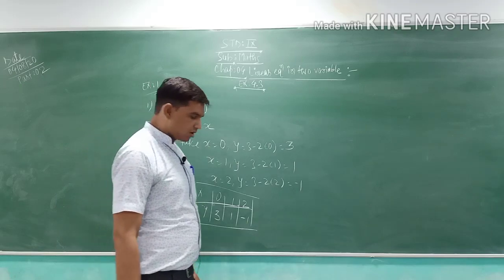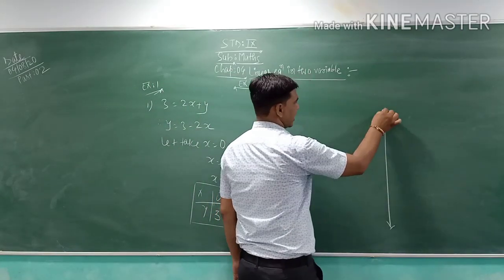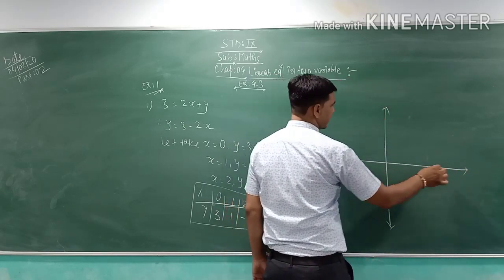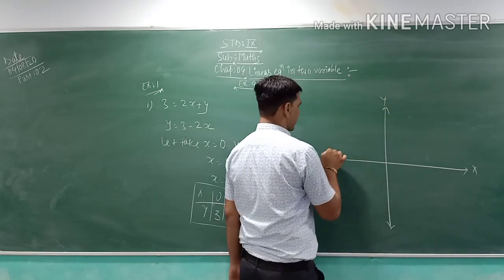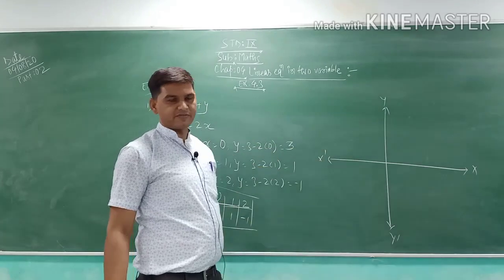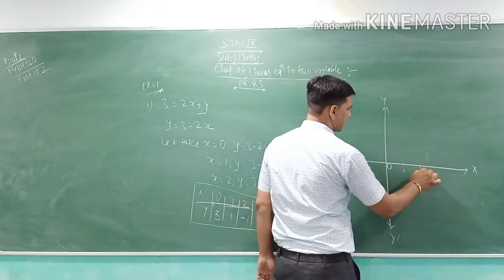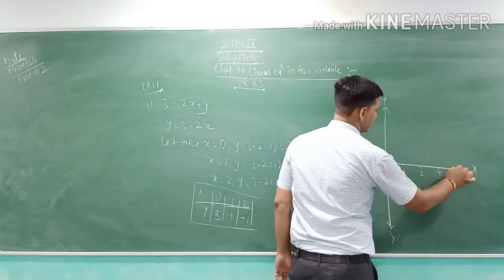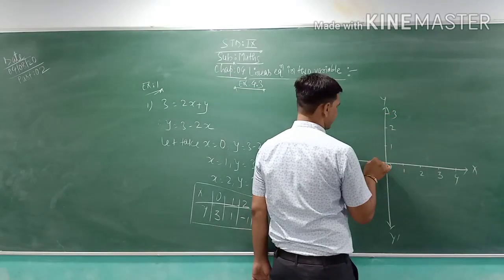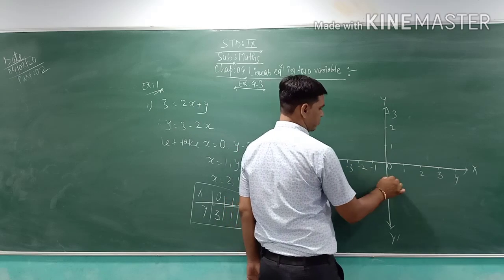Now I have to represent this on the number line, or rather the graph. If you want to find the graph, you have to use the coordinates of x and y. We have x, y, x dash and y dash, these are the four axes meeting at the origin point O, with 1, 2, 3, 4 and minus 1, minus 2, minus 3, minus 4.